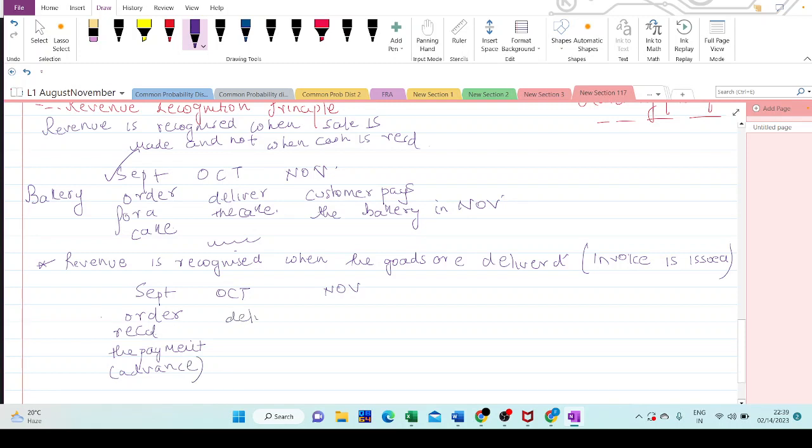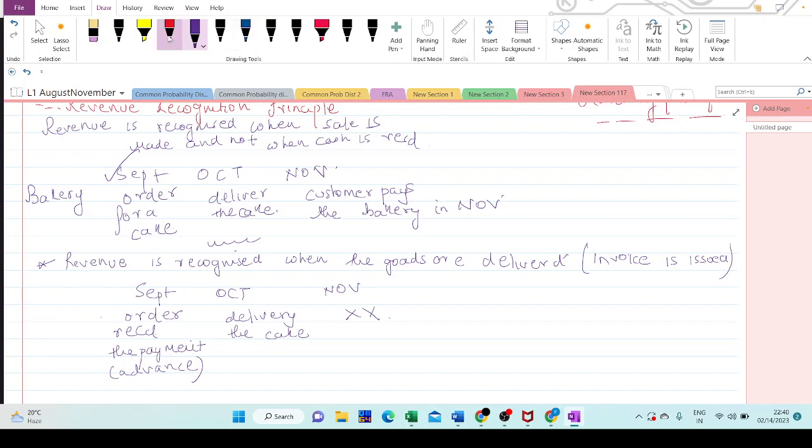The bakery delivered in October. So now tell me, when will revenue be recognized? In September or in October? October. Yes, October. Revenue is recognized when the goods are delivered, when the sale is made, not when the order is received, not when payment is received.